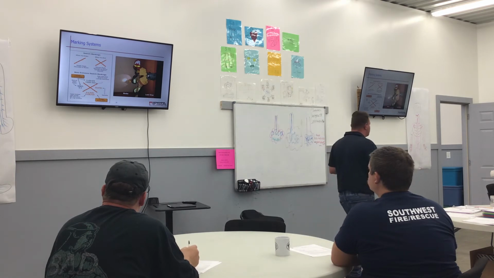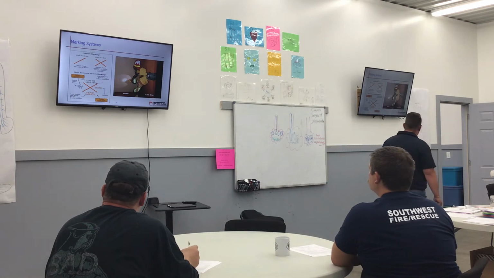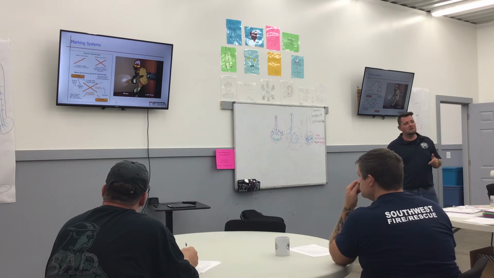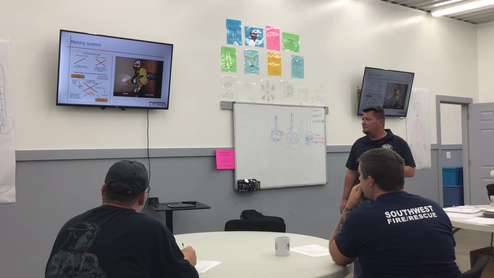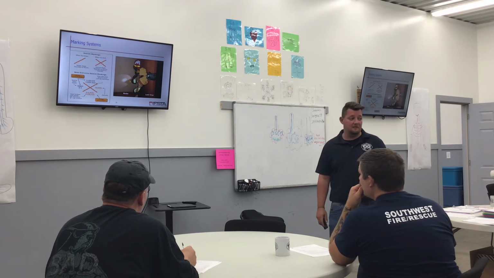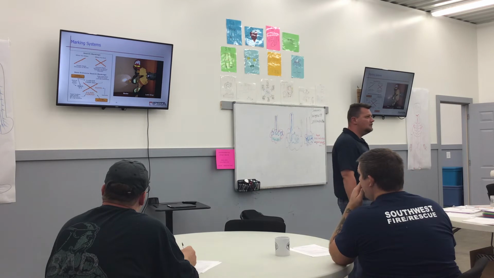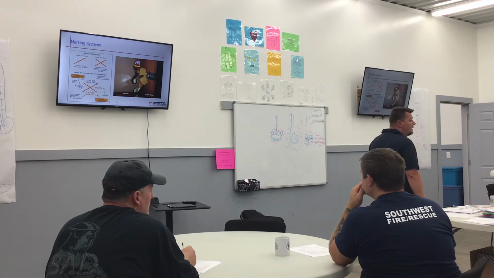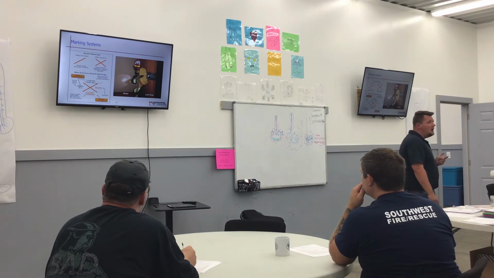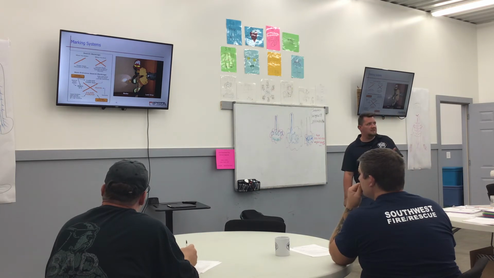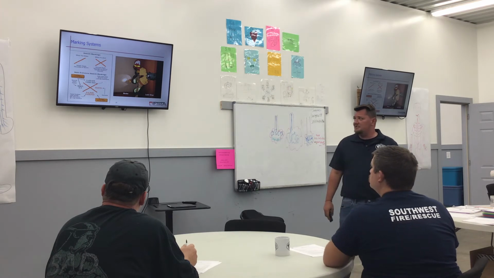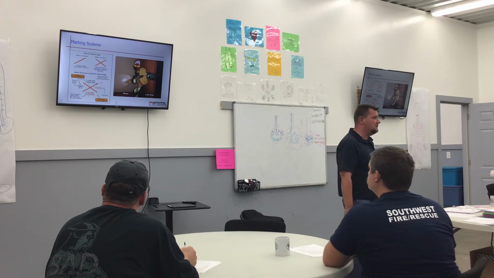All right, so marking systems. There are a couple different types of marking systems that you can use. You can do this with chalk, you can do this with a marker, some type of high visibility something, so that they can see it. Okay. So when you enter the building, you're going to put 1 slash. When you exit, you're going to put 2 slashes to make an X. And in that X, you're going to put certain things.